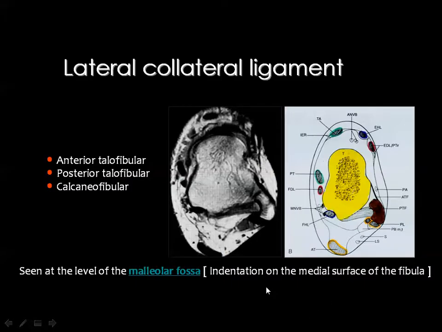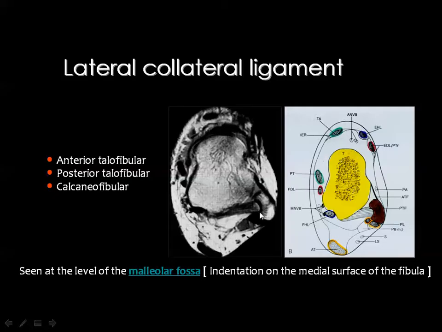In order to identify the lateral collateral ligament, first of all, go to the fibula and then go to the section where the fibula contains a groove looking medially. At the level of this groove, you will see a ligament coming out from the groove, and this is the posterior talofibular ligament.